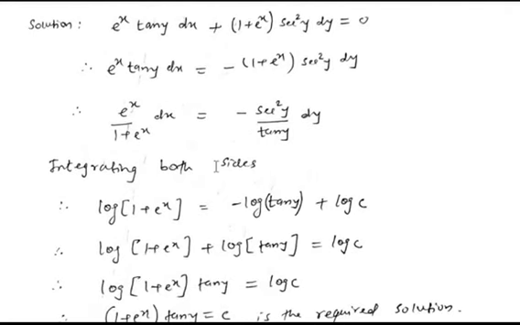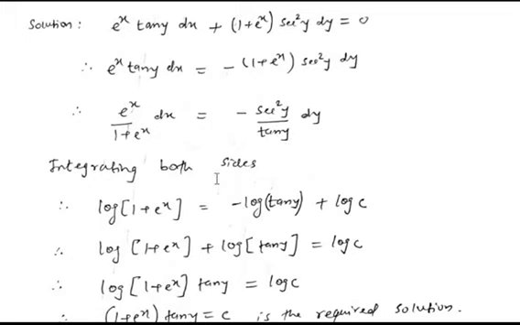Now integrating both sides, 1 plus e raised to x is a function and its derivative is e raised to x. So the integration of this function will become logarithm of 1 plus e raised to x. Then the minus sign as it is, tan y is a function and the derivative of tan y is sec square y, so it will become minus logarithm of tan y.